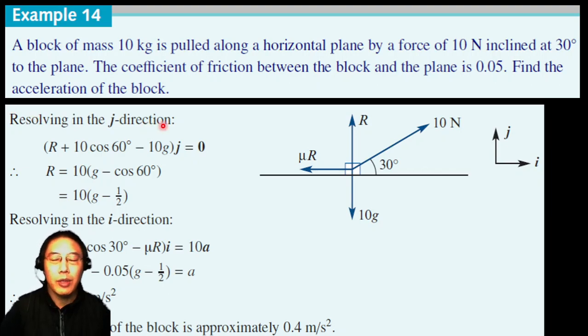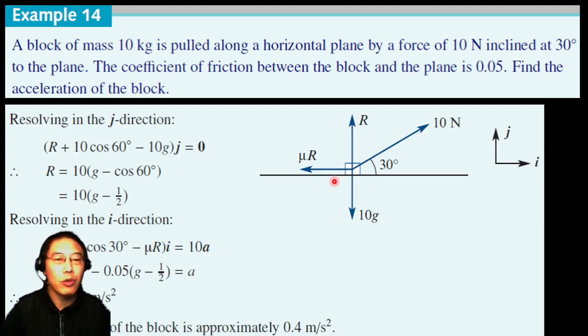Why are we doing this? We want to create equations. In this situation, from the diagram there's one unknown, the reaction force from the plane onto the block, plus another one, which is the acceleration of the block.